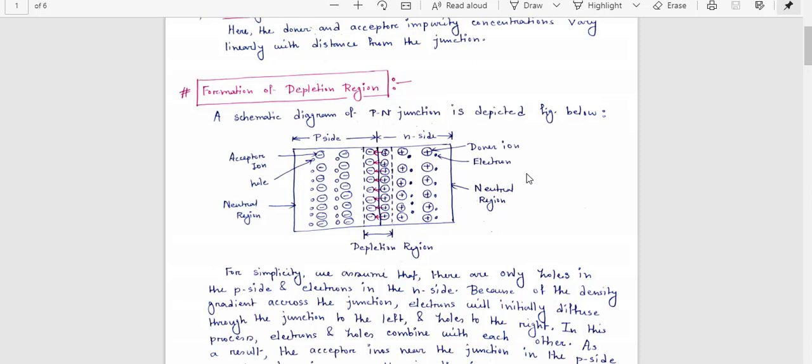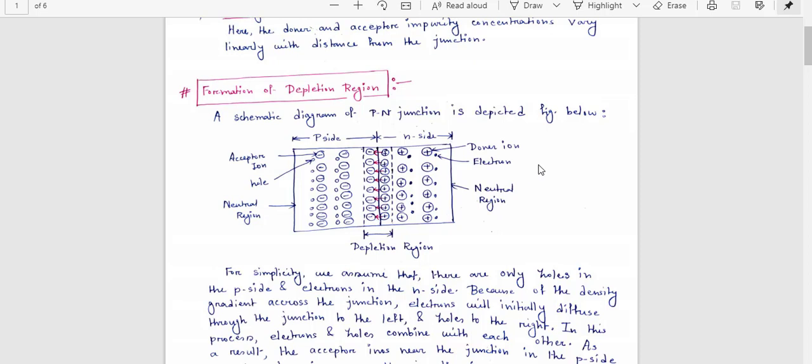This process is known as biasing. Biasing means applying some external force to the depletion region to break down this region so that electrons can move from right to left and holes can move from left to right.